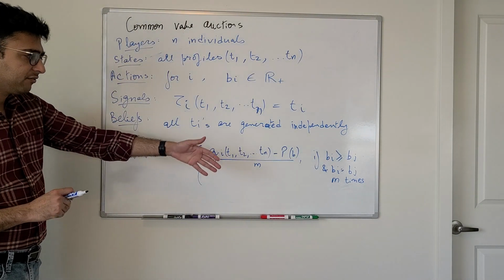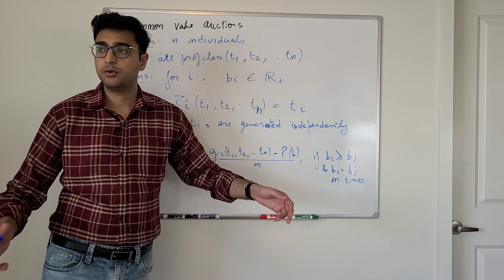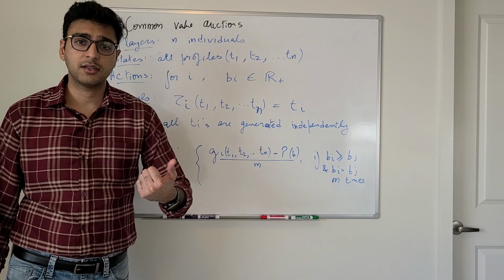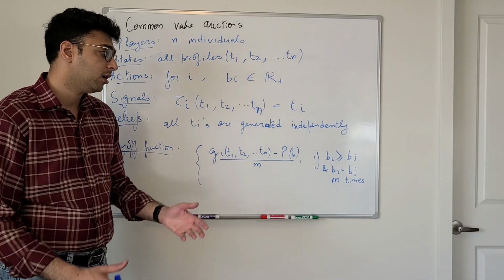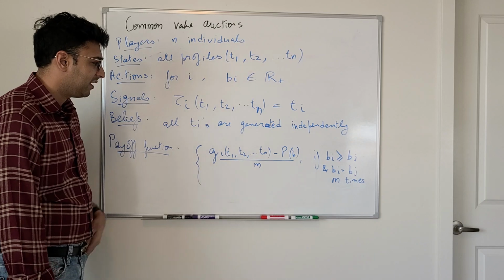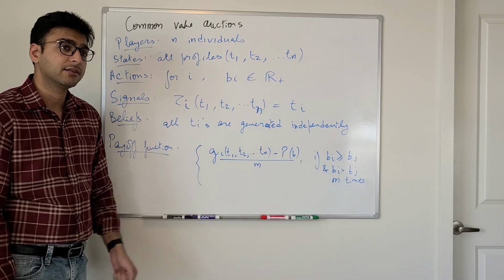So if there's a tie, let's say 2 people who bid the highest, then m equals 2. If there's just 1 person that bids the highest, then m equals 1. That would just be b_i equal to b_i. And this just says that b_i is one of the highest.